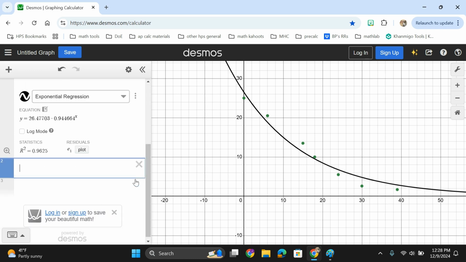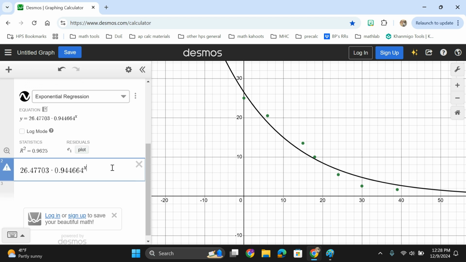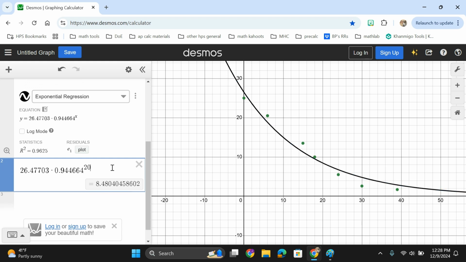If I can't copy and paste, I'm just going to copy this in the box below. 24.47703 times 0.944664 raised to the exponent of, not x, 20. To get the multiplication button, we press Shift 8.